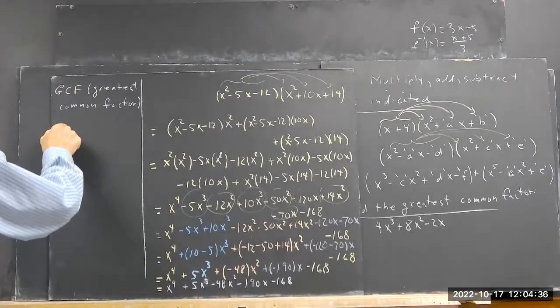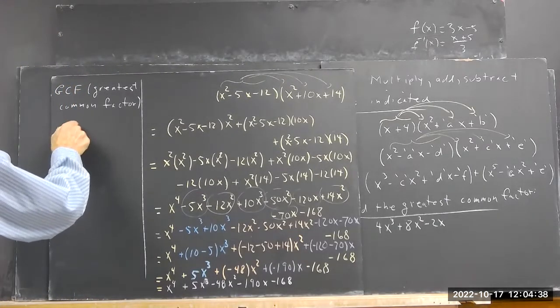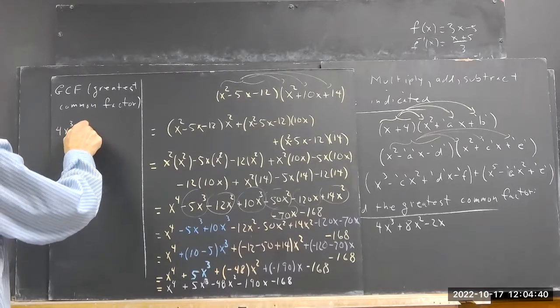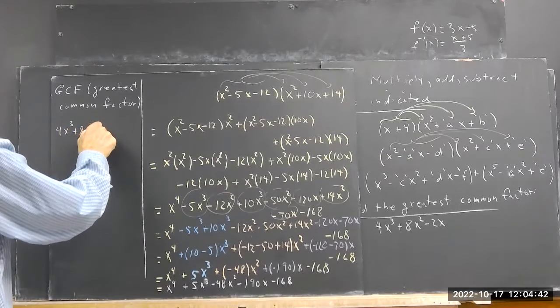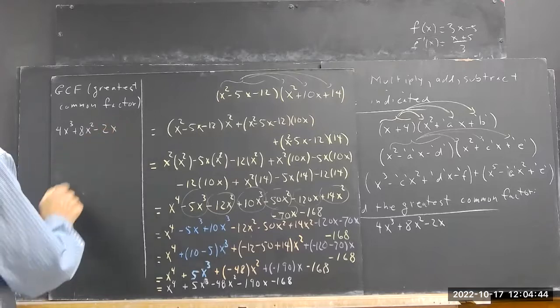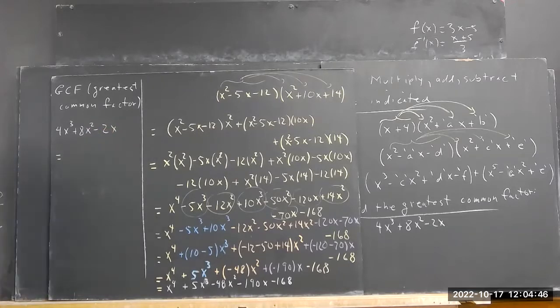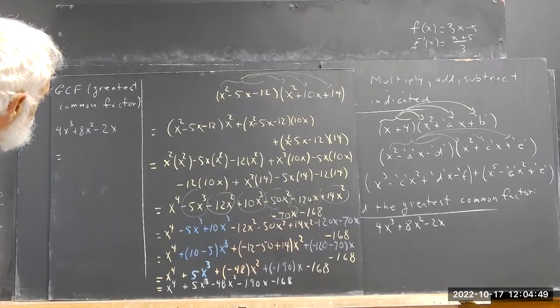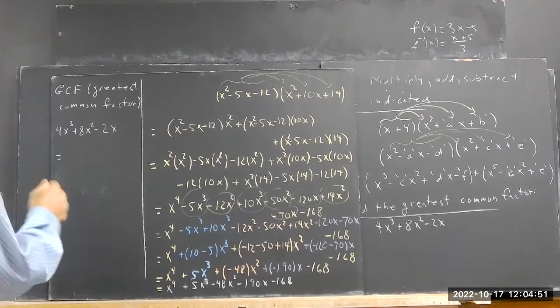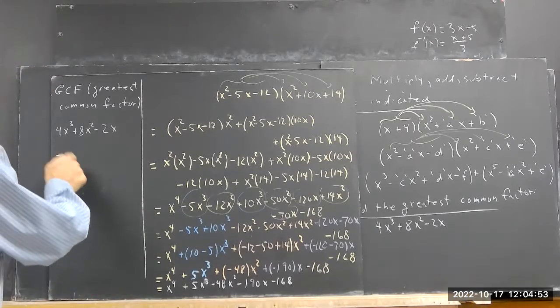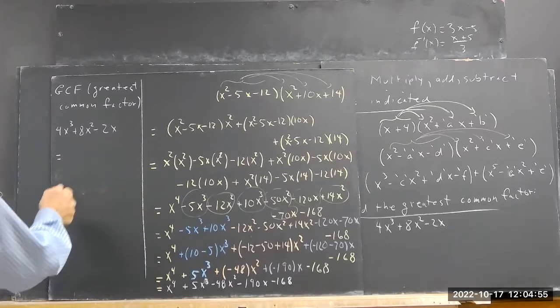And we've got 4x cubed plus 8x squared minus 2x. Well, you know, I could write that. It's not going to be the greatest common factor, but I'm going to write it with one factor out there.